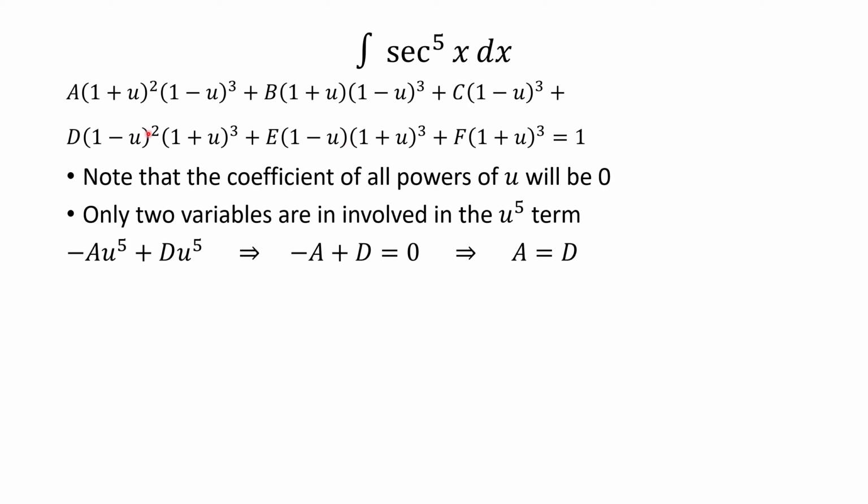If we look at those terms, this is going to be u squared minus u cubed times the negative u cubed, which will be negative u to the 5th times a. That's this term. And here we're going to have u squared, because even though it's minus, it's squared, so it becomes plus u cubed. So that's u to the 5th d, and these coefficients together are going to be 0. So minus a plus d equals 0, so we get a equals d. So that's an easy first step to determine that a equals d.